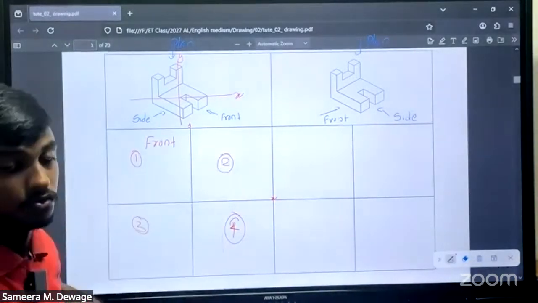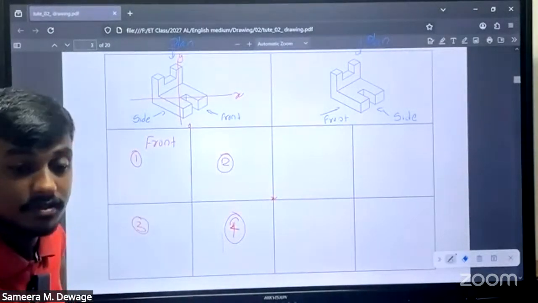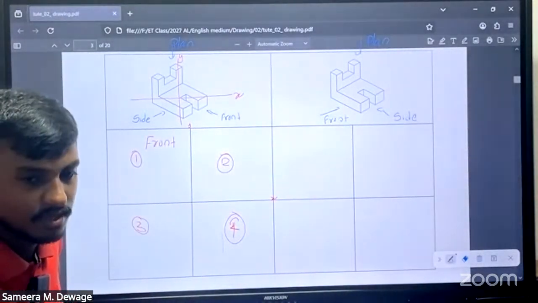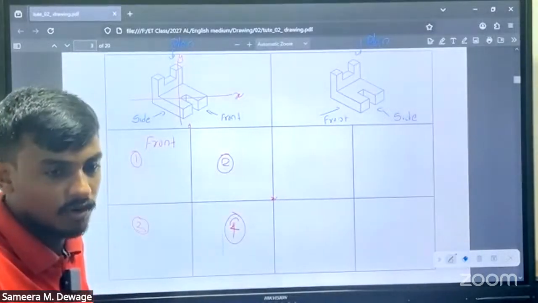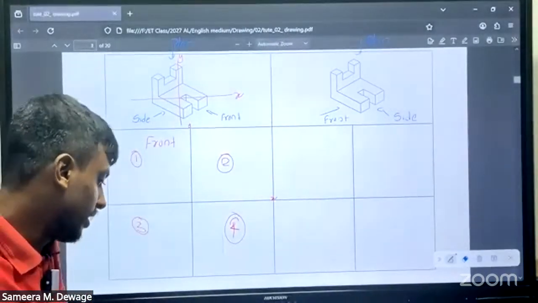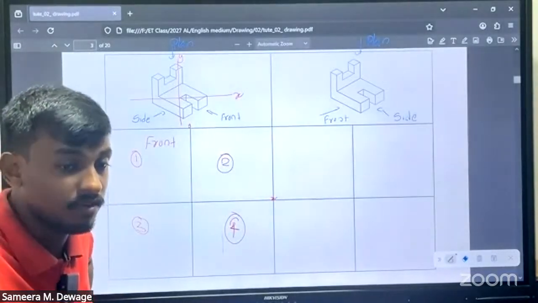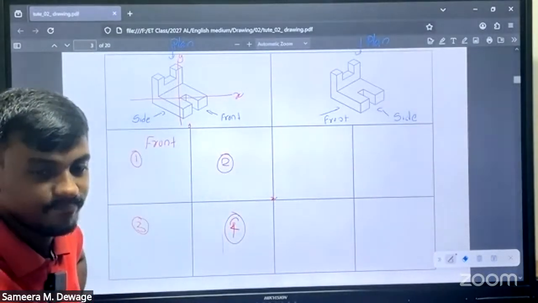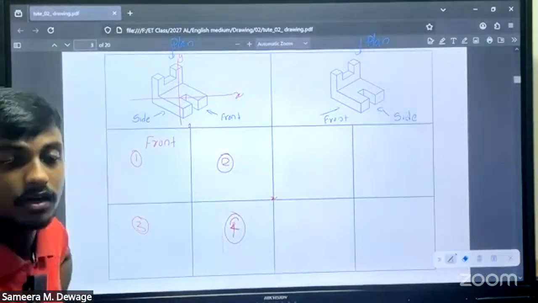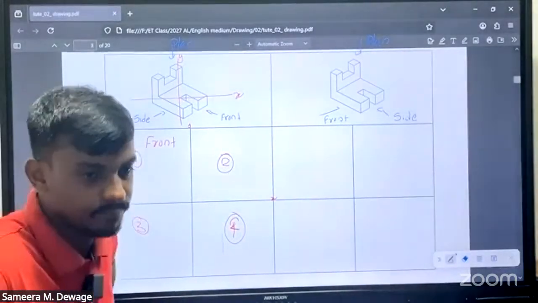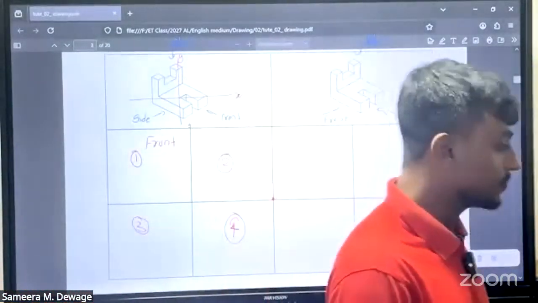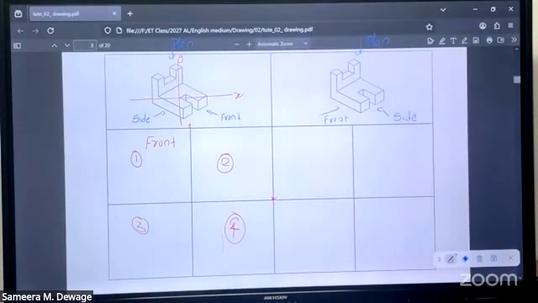There are 3 numbers. Yes, Stefan says number 3. So what about others? Do you have any different answers, guys? Quick response. I need a quick response. So then only we can do this fast.